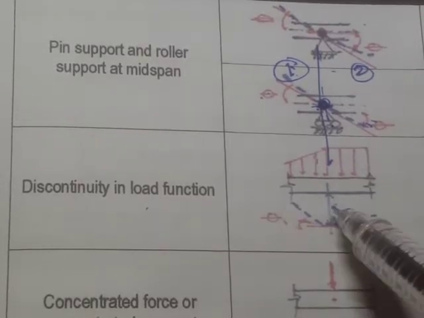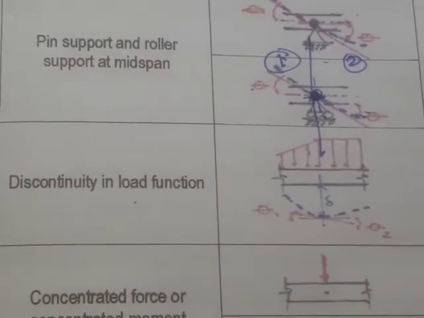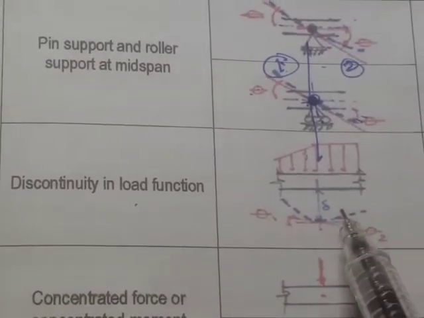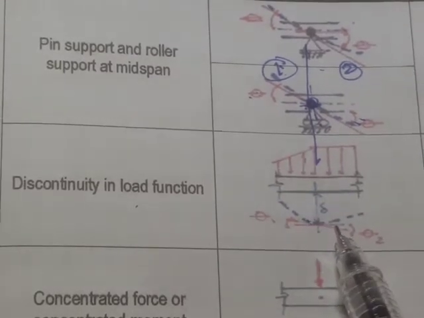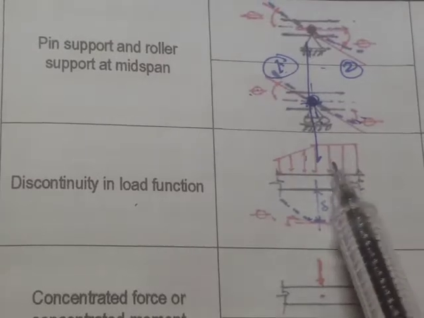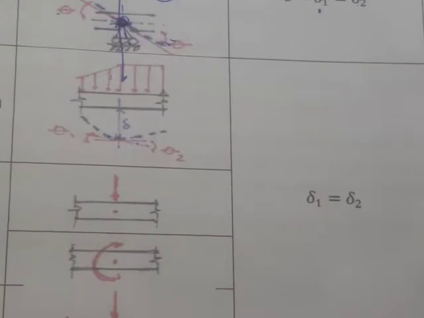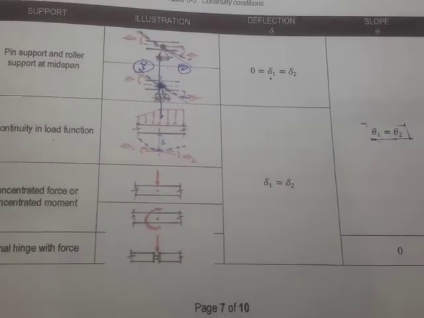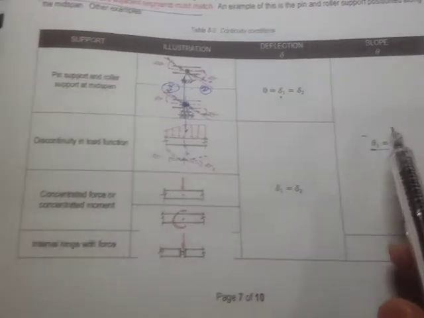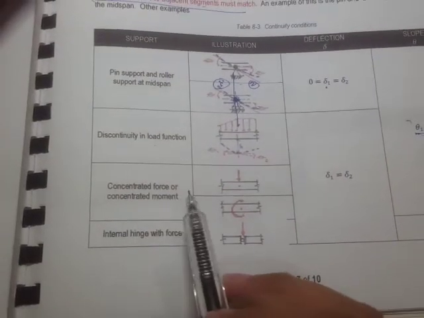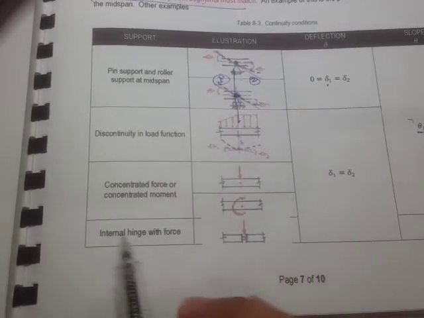So the continuity conditions just state that the deflection at 1 is equal to the deflection at 2, and in terms of the slope, it's the same. Theta 1 is equal to theta 2.